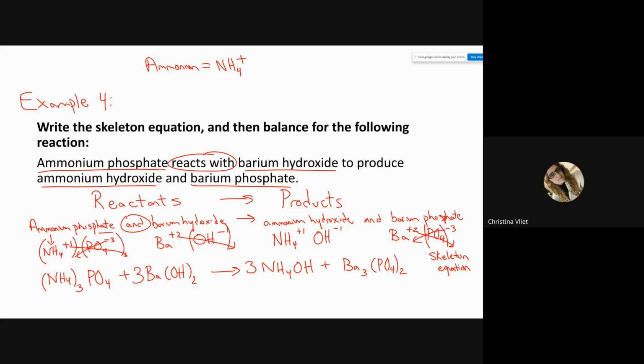But now you've got 6 hydroxides, 3 times 2 is 6. We have to change this to a 6, which means this is a 2. And it's 2, 3, 6, 1. It's balanced in here. So this is hard. I know it's hard. This is the hardest type of question you could be asked on the test, and I'm not going to put a lot of these. But this is the level of what you could be asked up to.